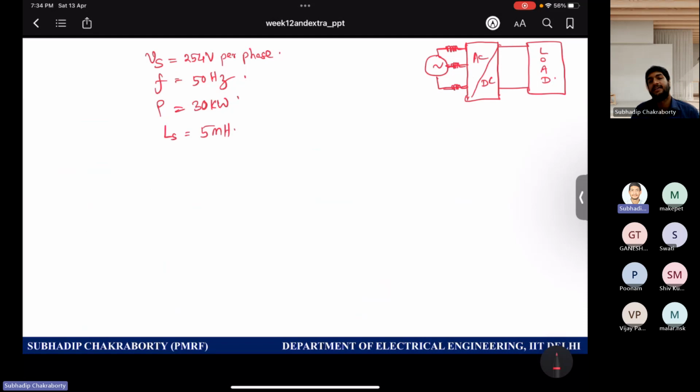Whenever you interface some converters to the AC mains, the converter will have inductors. Can anyone tell why these inductors are important? These are LS, right? Why are these inductors used? Whenever you connect an inverter which is switching with some switching frequency, harmonics are there in the form of switching ripples.